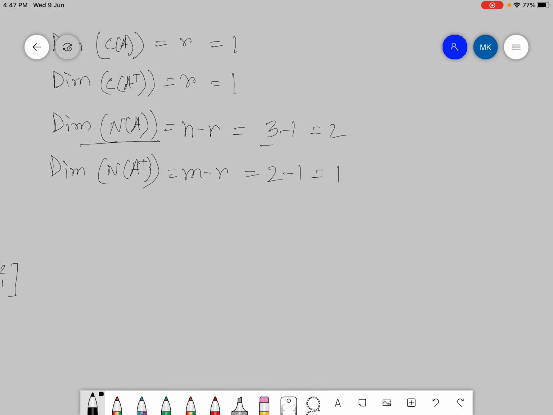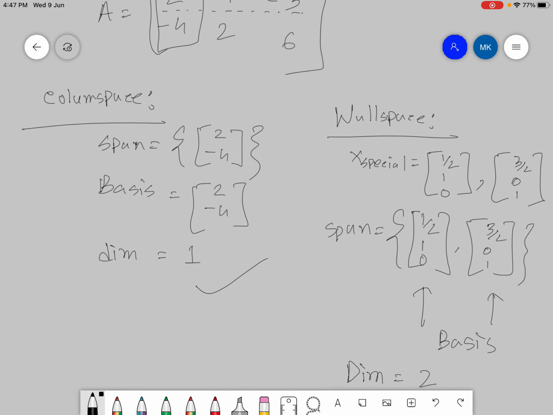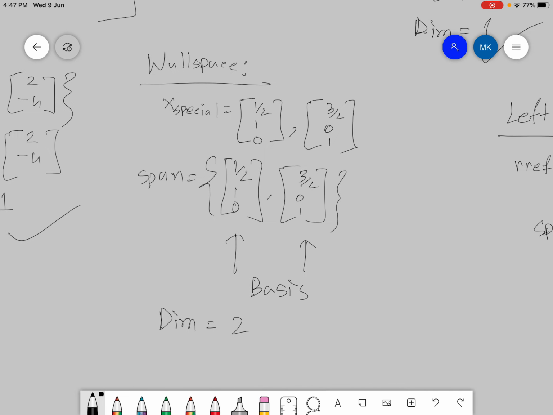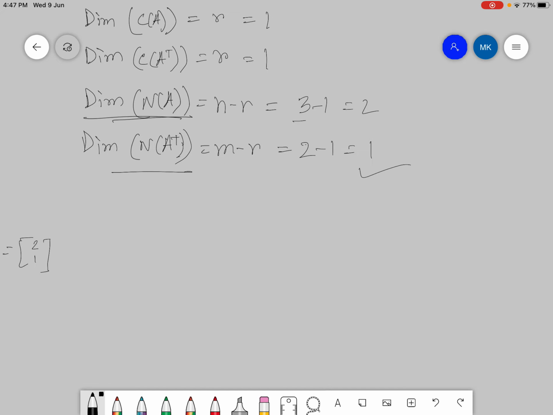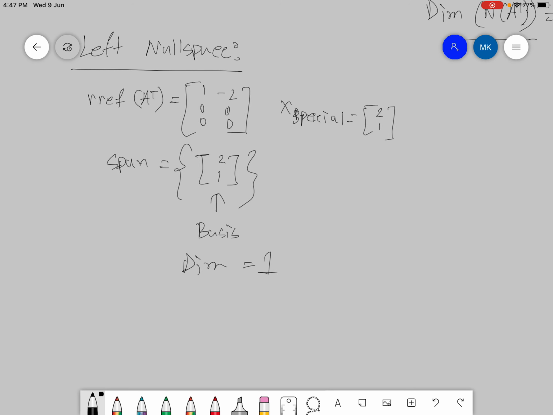So let's check. The dimension of the null space is 2, and the dimension of the left null space should be 1. So the dimension of the left null space is 1. So this is verified.